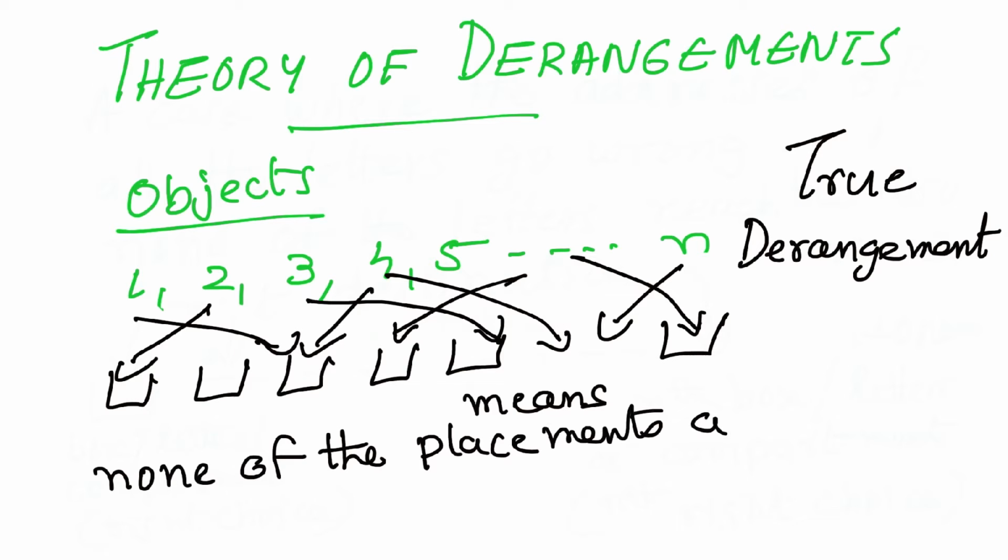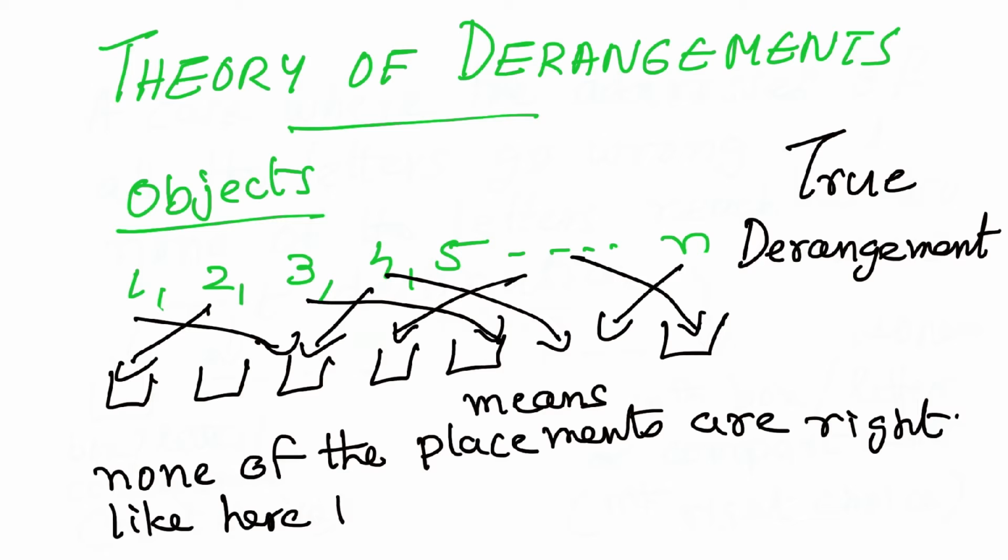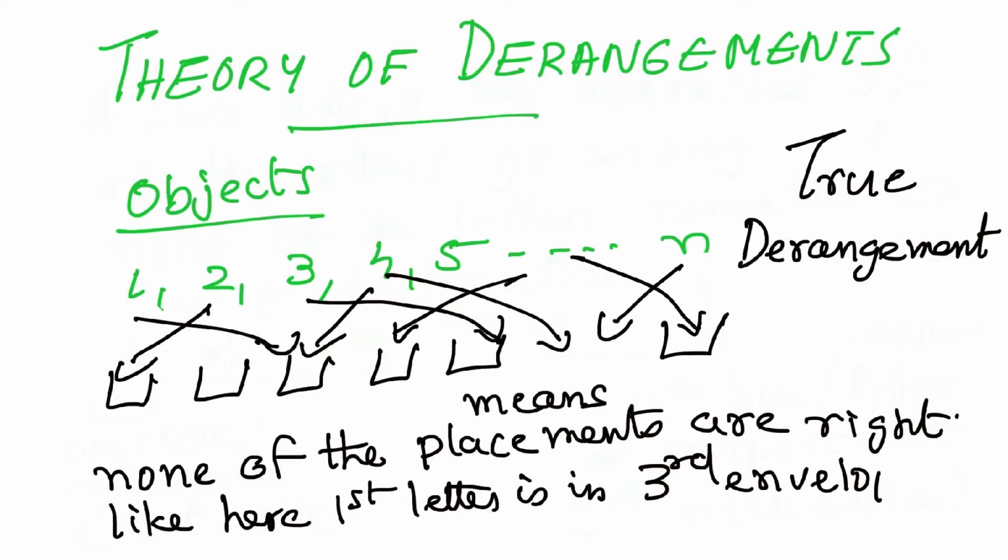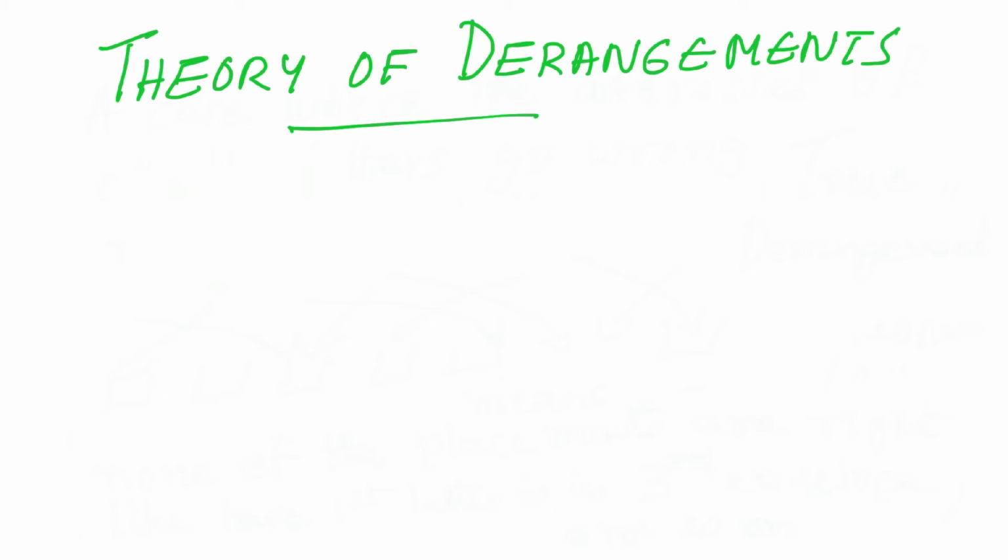None of the values are in the intended position. So that is true derangement, or simply derangement: none of the values are in the intended position. So in the case we are discussing, none of the letters are in the envelopes in which they ought to be. Only in such a case can we call it a derangement.